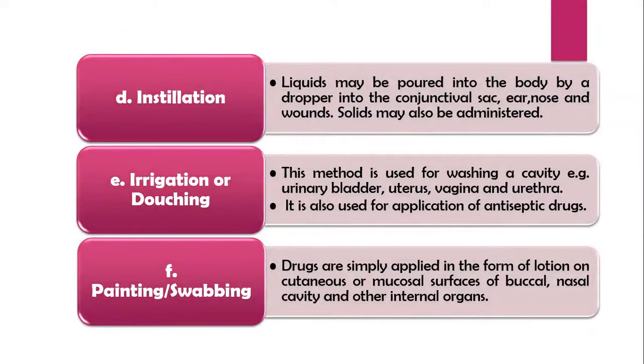Liquids may be poured into the body by a dropper into the conjunctival sac, ear, nose and wounds. Solids may also be administered. Next one is irrigation or douching. This method is used for washing a cavity, for example urinary bladder, uterus, vagina and urethra, and it is used for application of antiseptic drugs.